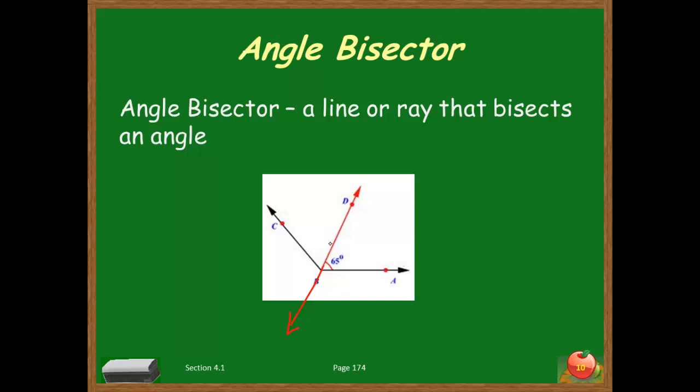If line DB or ray BD bisects angle CBA, it is the angle bisector.